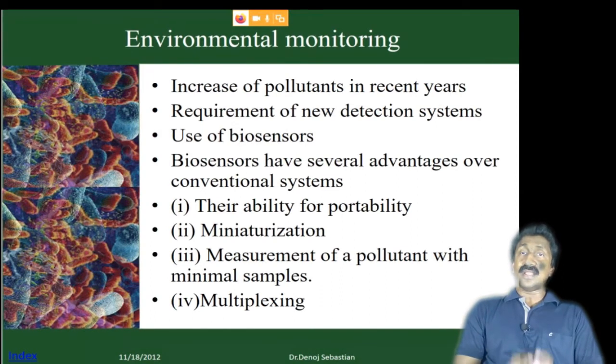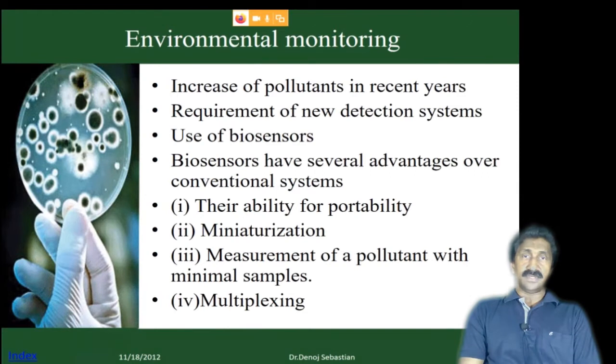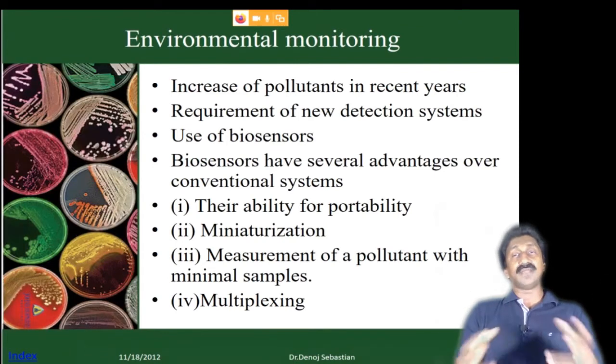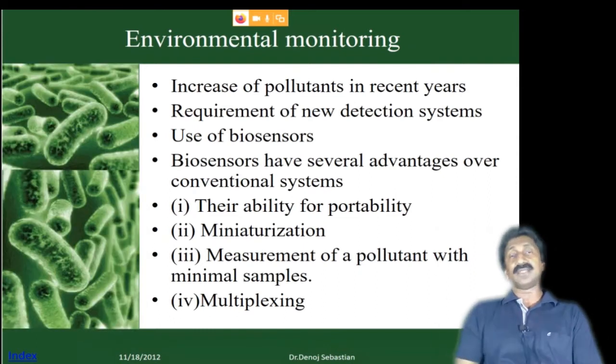Biosensors have several advantages over the conventional systems, and one is their ability for portability. Usually, if you are depending on an LCMS, it is large and permanently installed in some laboratory, and you can only take the sample to the lab and do the analysis.